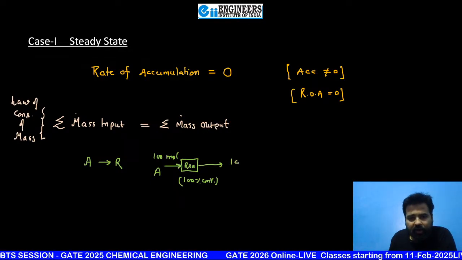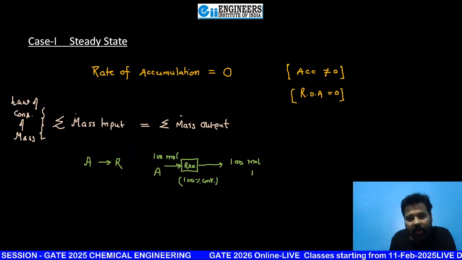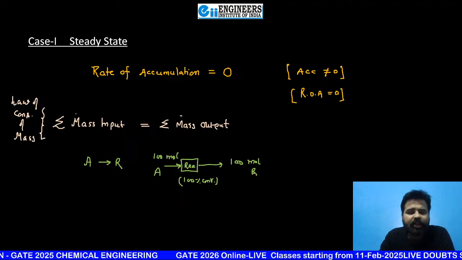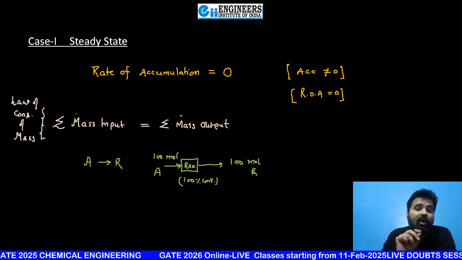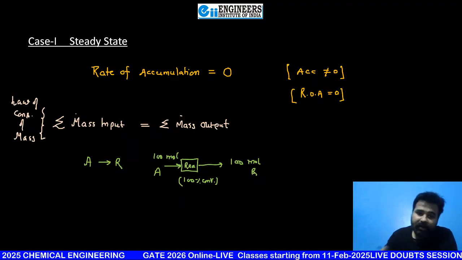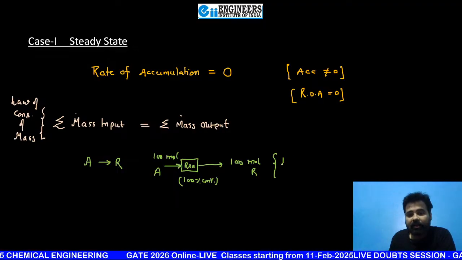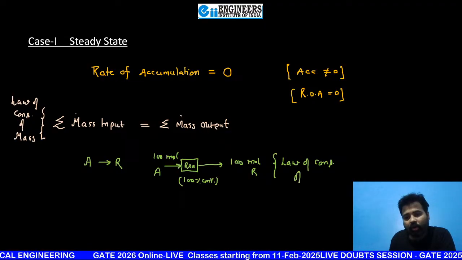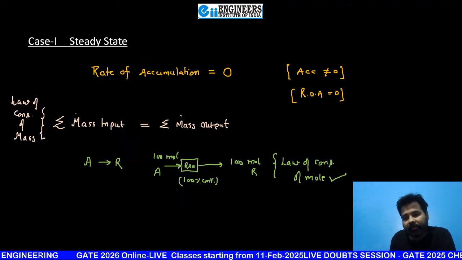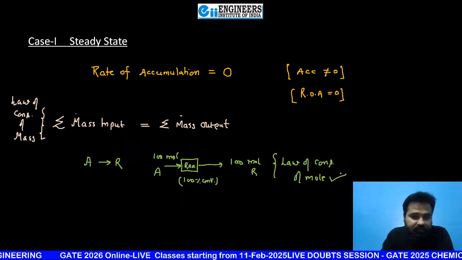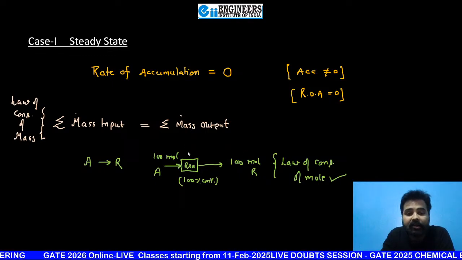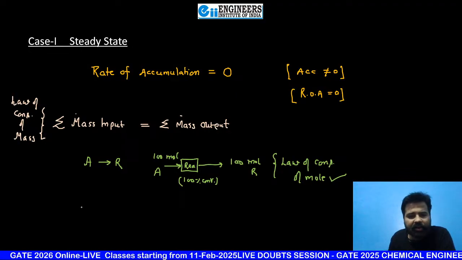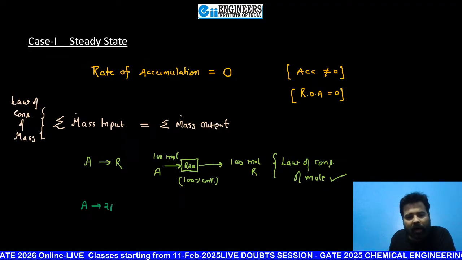So from here you will get 100 moles of R. So we can say that it follows the law of conservation of mole. Here definitely it is correct. But suppose I am writing a different chemical reaction, like A is forming 2R.